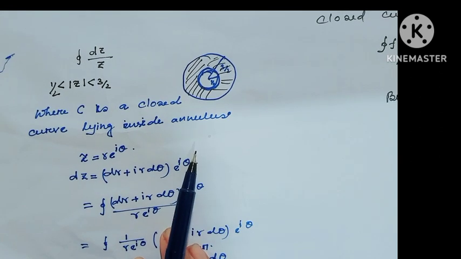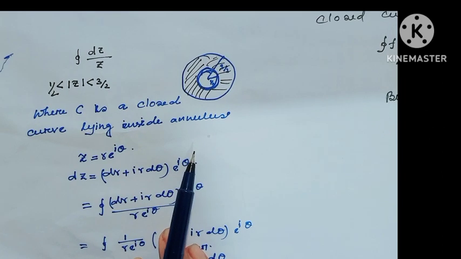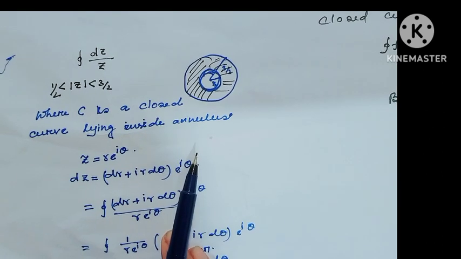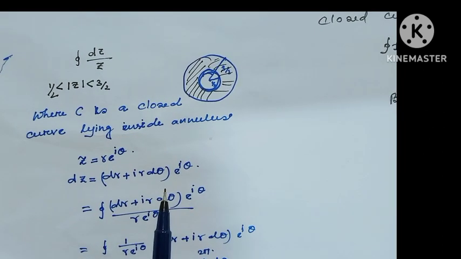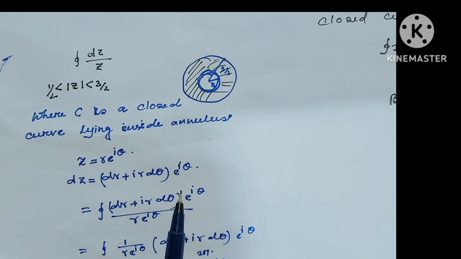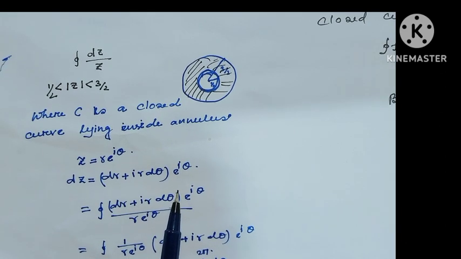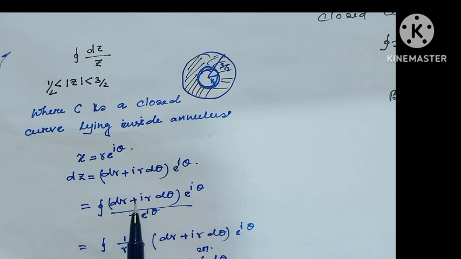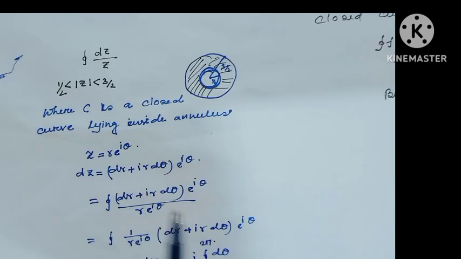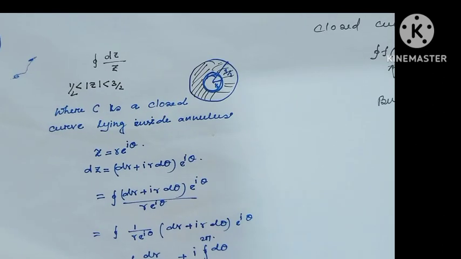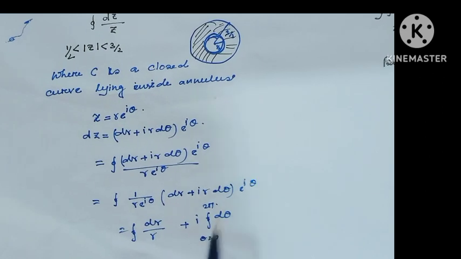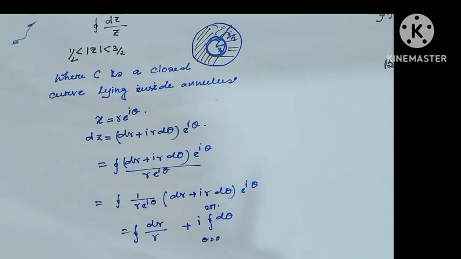For this, consider z equal to r e to the power i theta. Then dz equal to dr plus i r d theta times e to the power i theta. Now put the value of dz here: dr plus i r d theta e to the power i theta over r e to the power i theta.